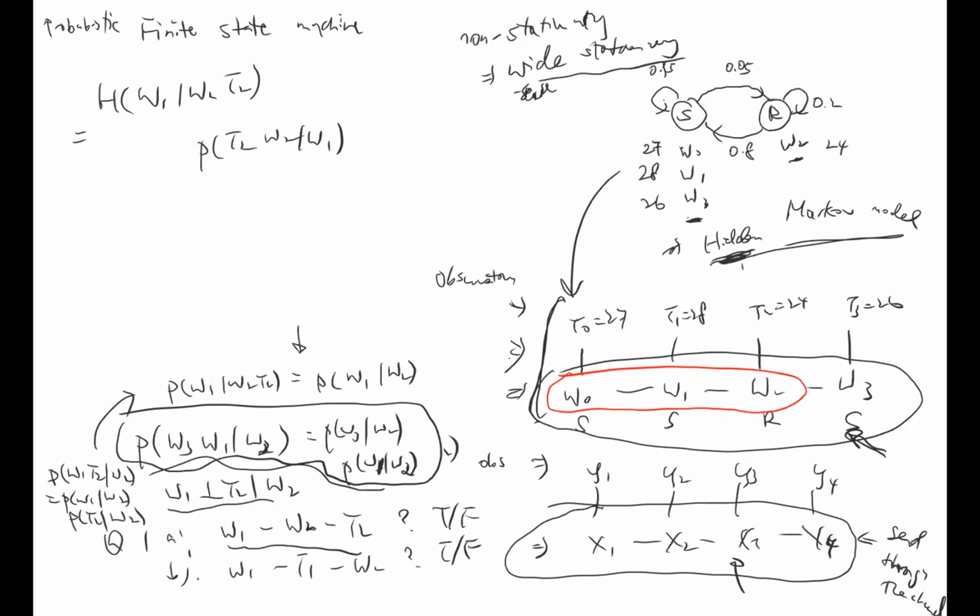So for example, if W2 is sunny and T2 is 27 degrees, this is just equal to P of W2 is sunny given W1 is sunny, times P of T2 is 27 degrees given W2 is sunny.